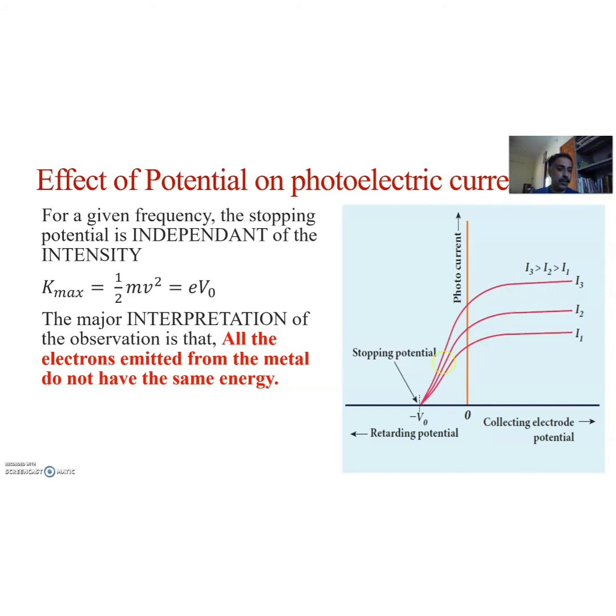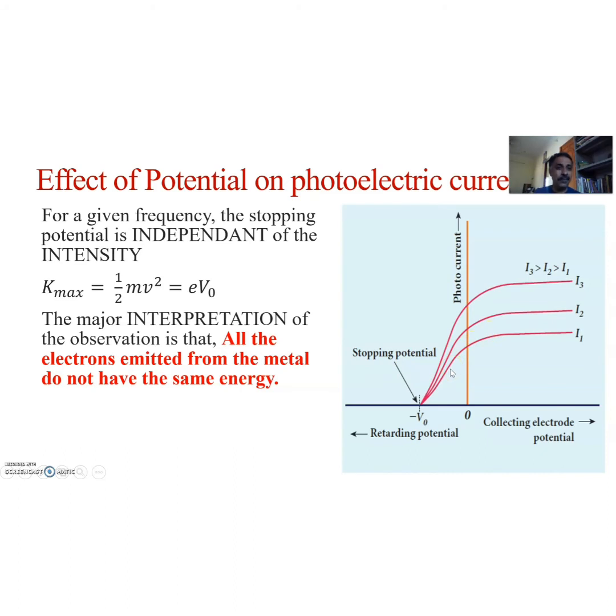As a result, the current decreased. But still, the electrons that possess the maximum kinetic energy reach the plate, and as a result, the current doesn't reach zero, but there was a minimum current flowing through the circuit.